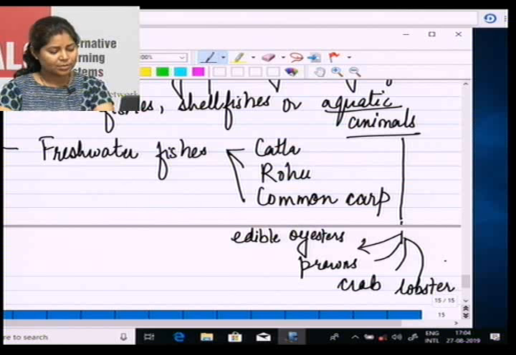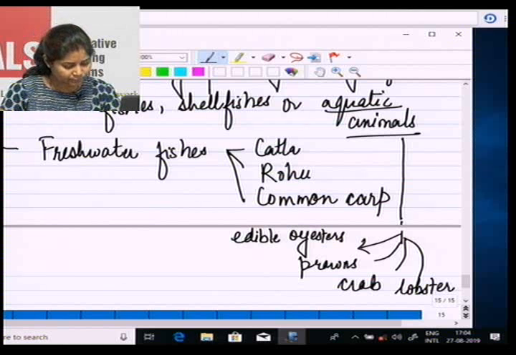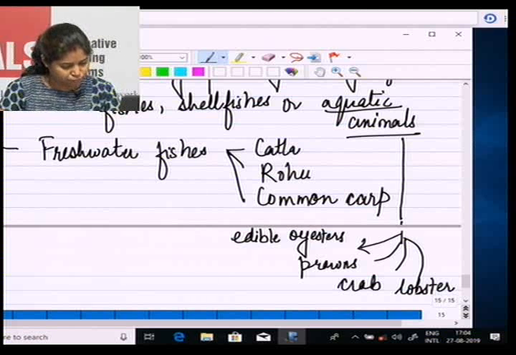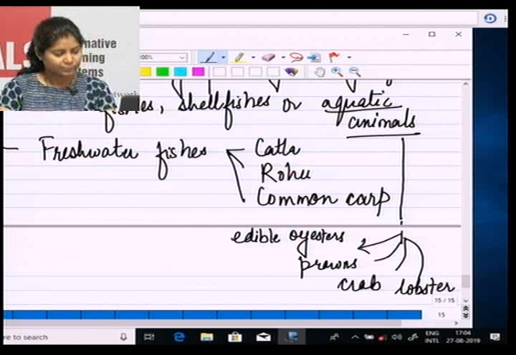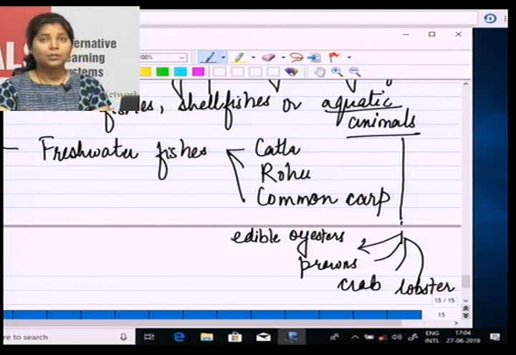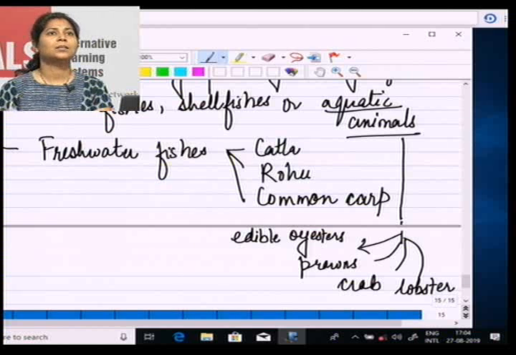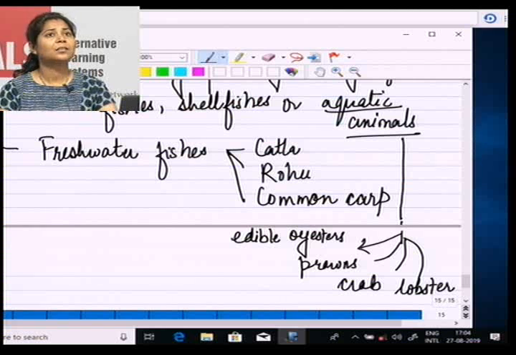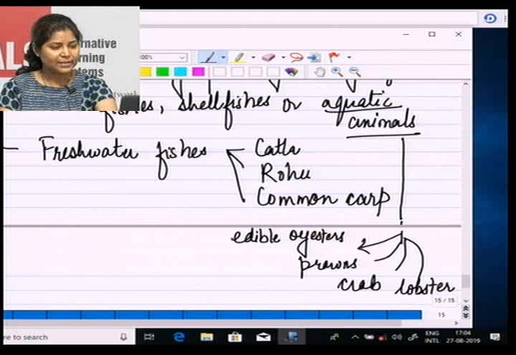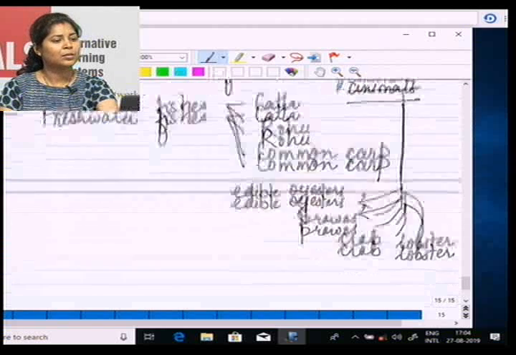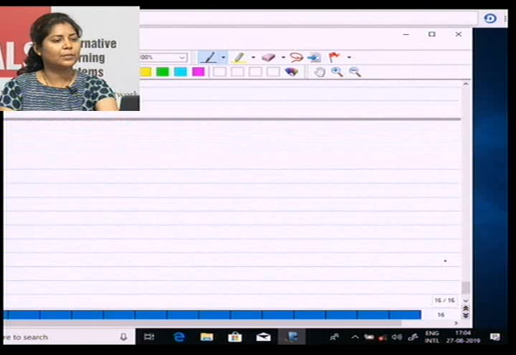Clear with this? All of you? Yes, children? Copied? Shillong? Copied? Everybody? So let's do a question and let's move ahead.